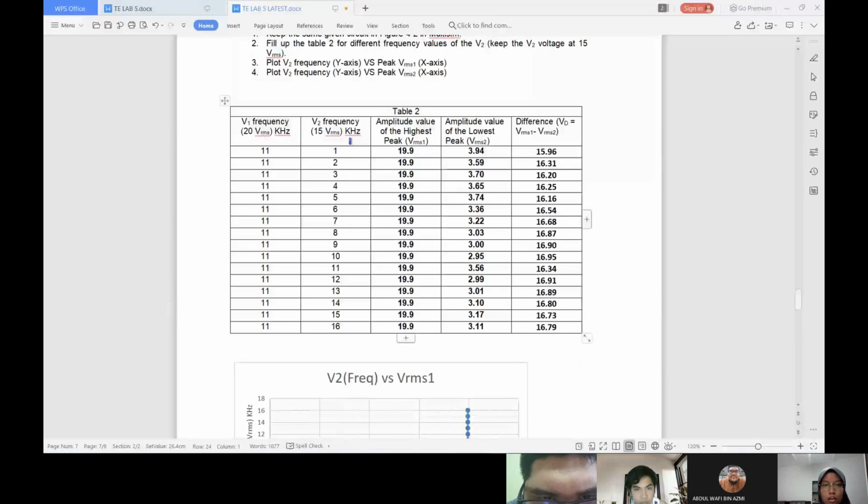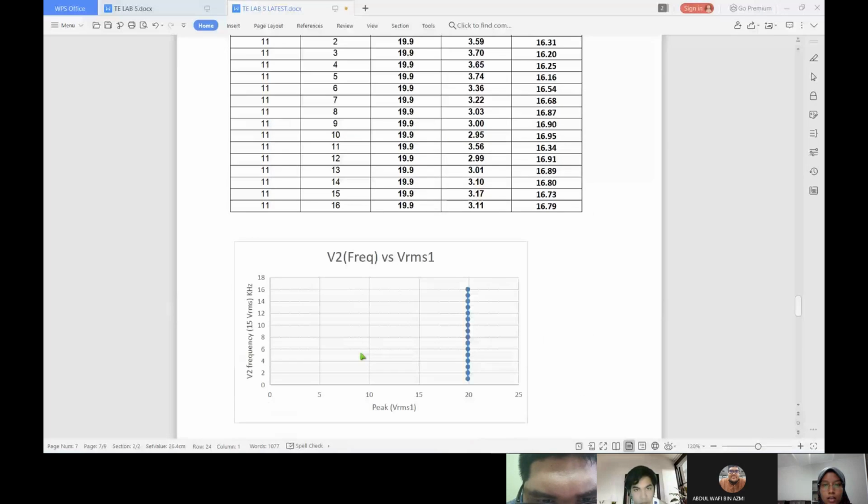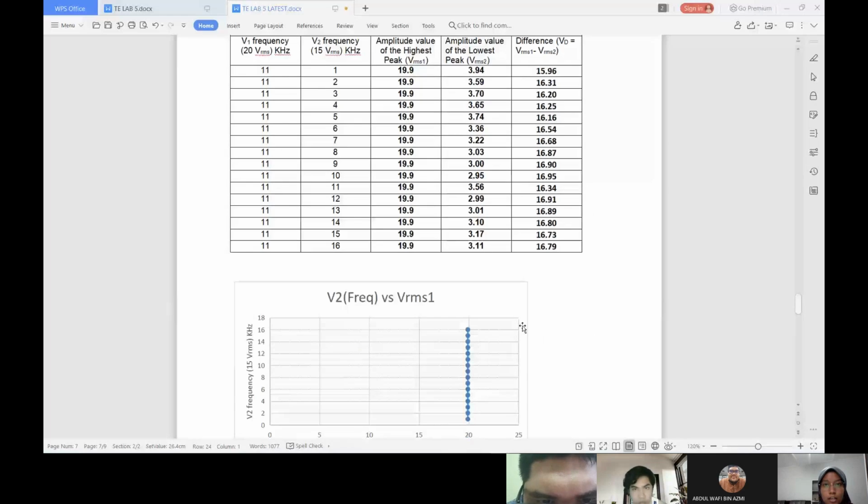Okay, from the table above, we can interpret that when the frequency of V2 increases from 1 kHz until 3 kHz, the VRMS1 is increasing, but experiences a long decreasing pattern from 4 kHz until 12 kHz and increases back from 13 kHz and above.